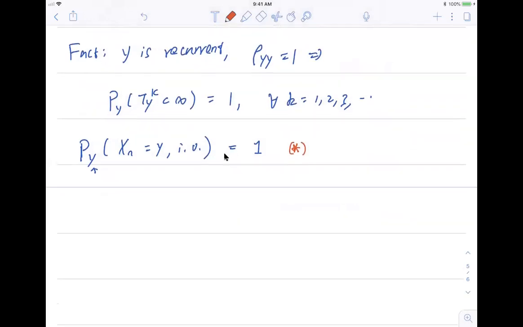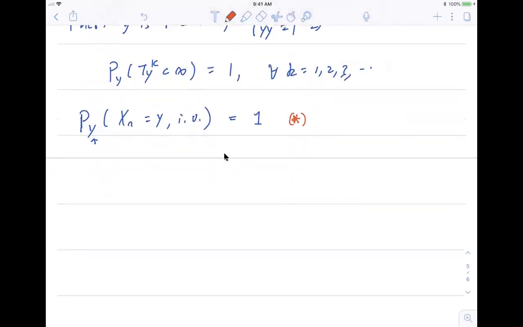Okay, so what this means is, if we write Ny, so Ny is the number of times the Markov chain visits y.